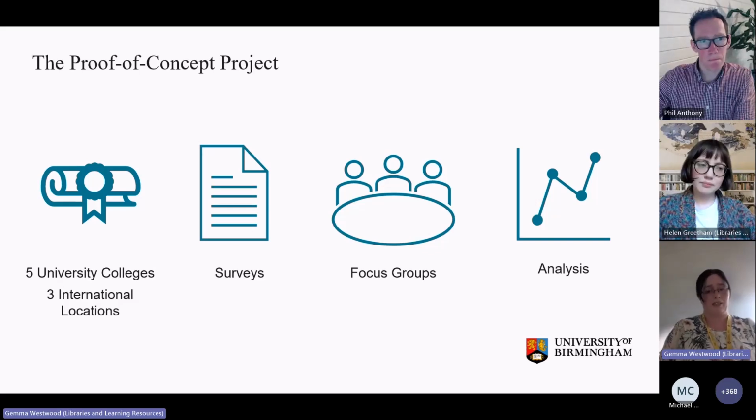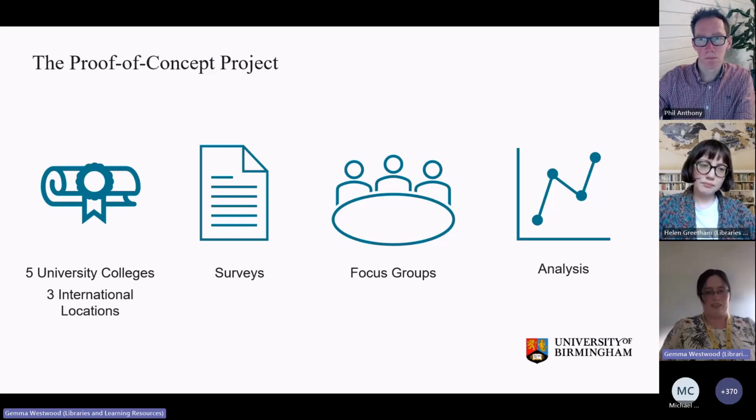It was part of a PhD project. But what we did in the proof of concept was look at expanding its use in other colleges beyond where it was originally formed, which was specifically in engineering, and to see whether it would be able to be applied in other locations around the university.